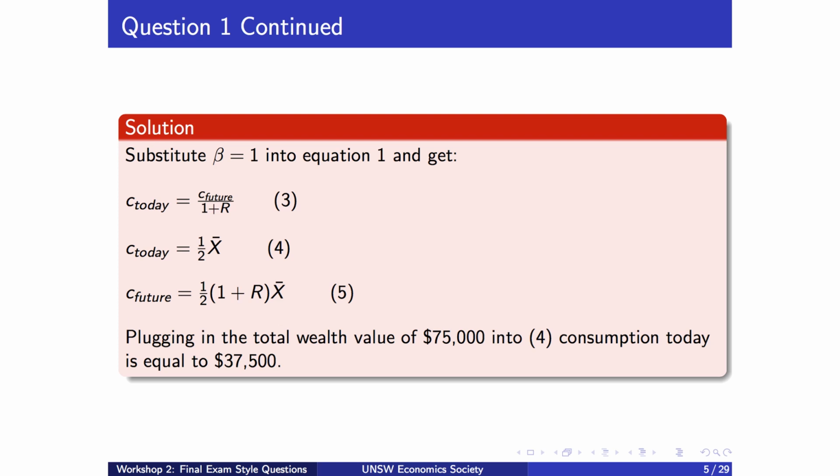Substituting equation 3 into 2, we can solve for consumption today and consumption in the future in terms of total wealth, which is given by equations 4 and 5. Since we're interested in consumption today, we look at equation 4. Plugging in our total wealth value of 75,000, we can see that consumption today is equal to 37,500. Therefore, the correct answer is D.